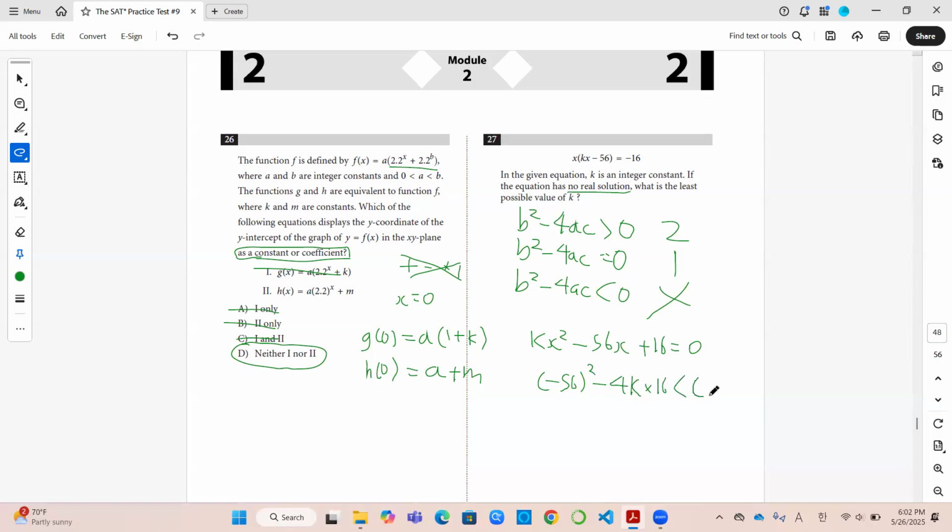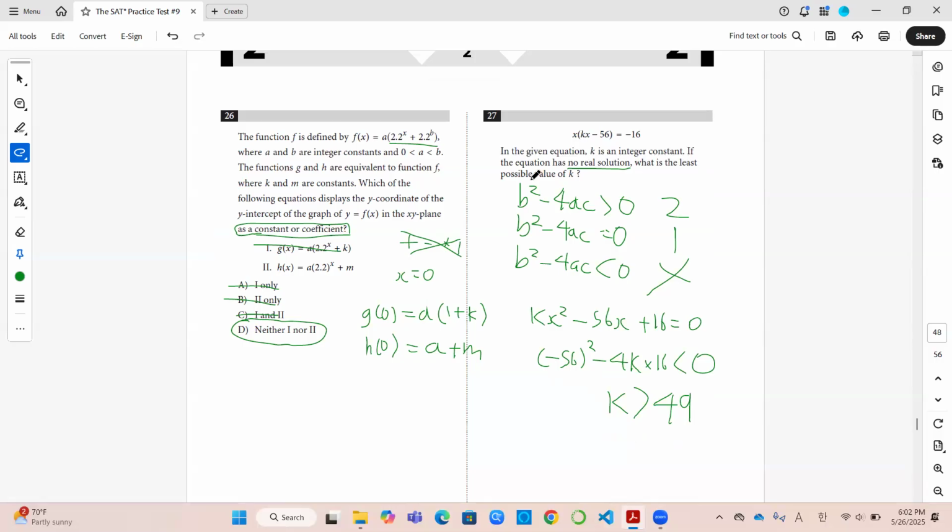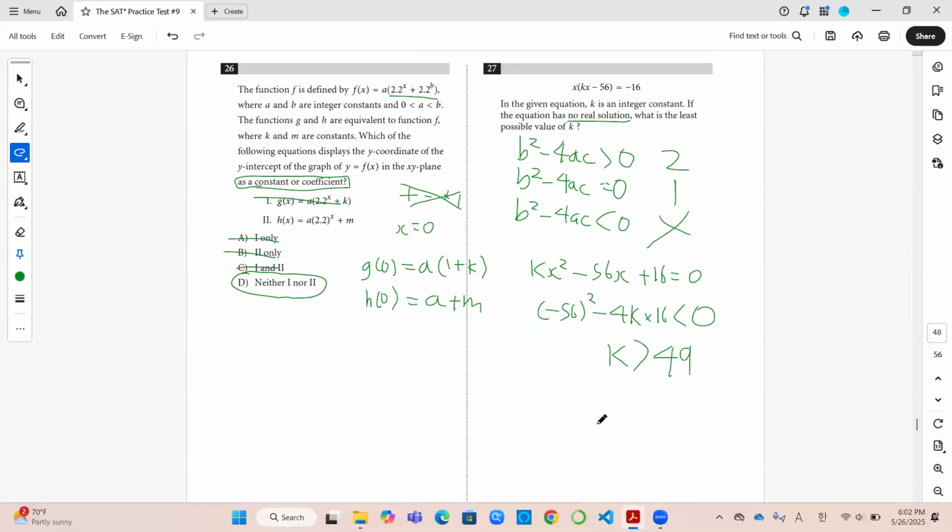And this has to be less than 0. And if you punch all these numbers in your calculator, you'll get that k has to be greater than 49. Since I cannot include the 49, the least possible value of k is 50.